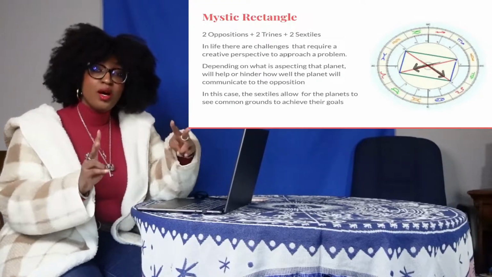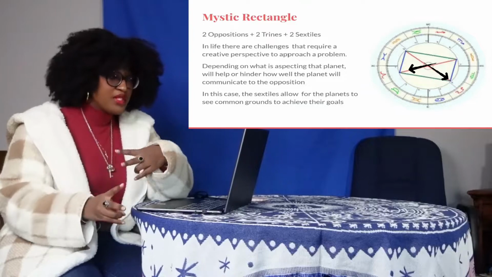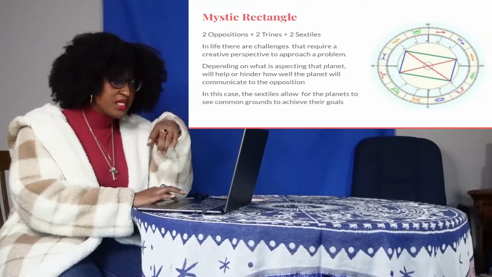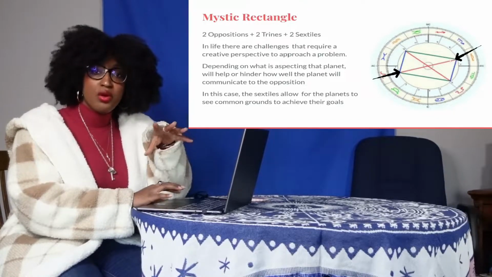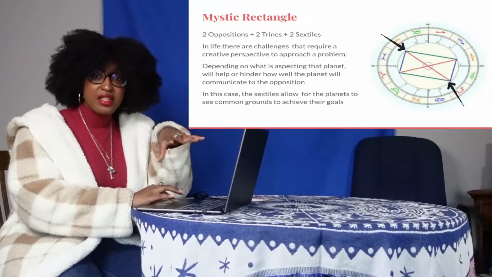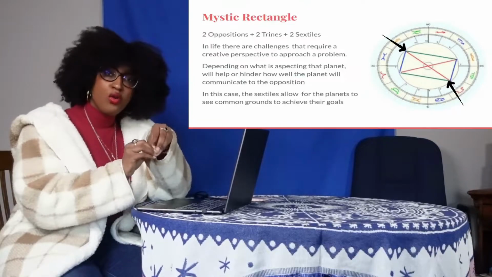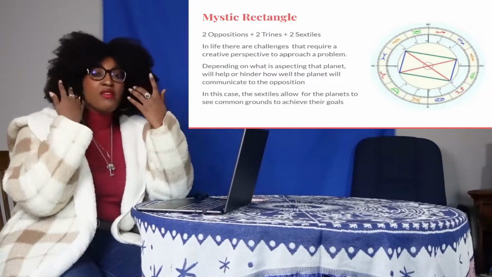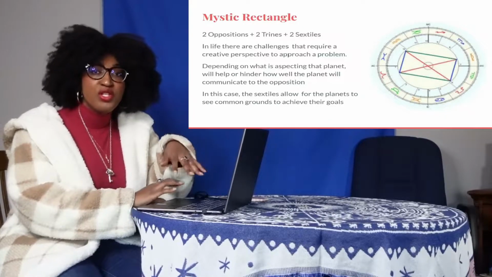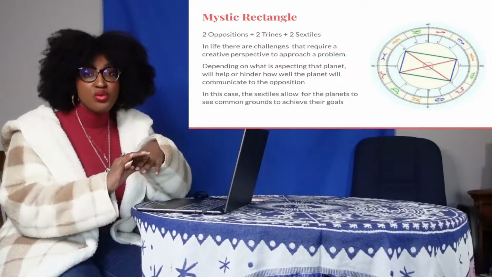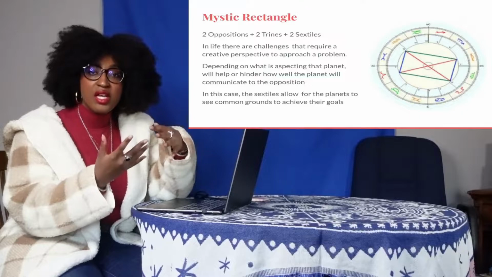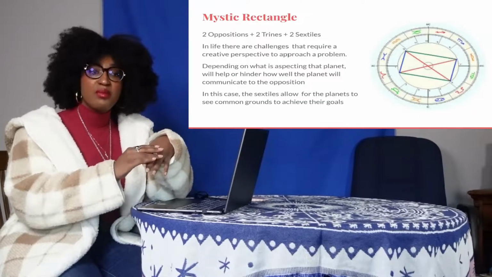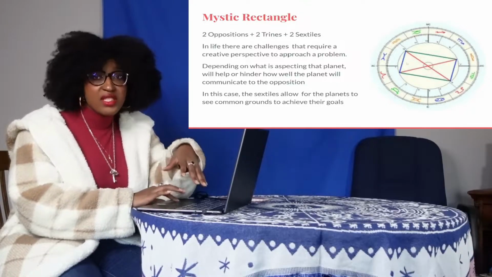But we have two oppositions, so two oppositions means two different problems going on. While these two planets have to deal with their own problems, the planets that they're using to help overcome their problems are having problems themselves. So it's like everybody's at a problem but trying to help each other at the same time. And through this, creative outlets to problems happen, like creative problem solving, being able to think literally outside the box.